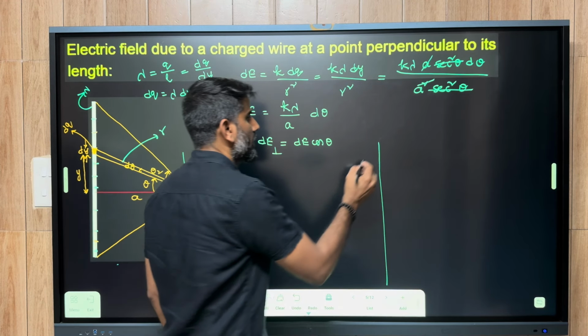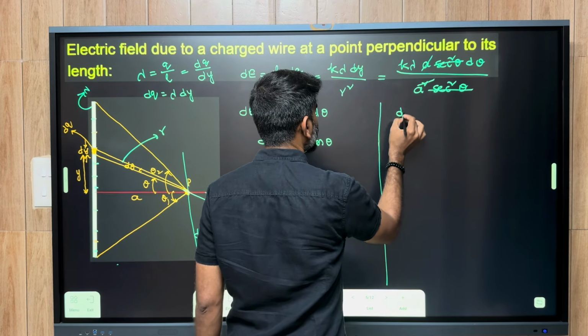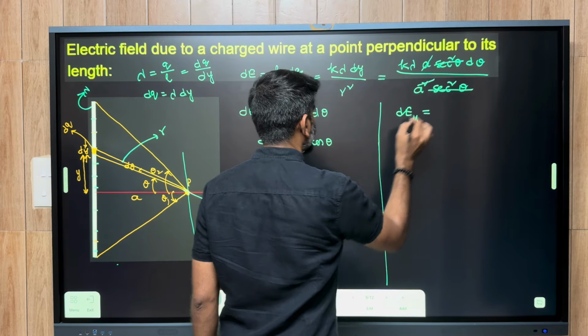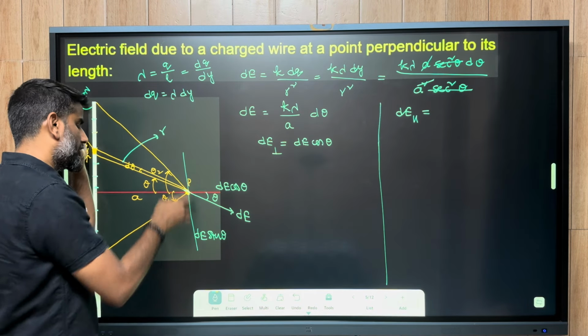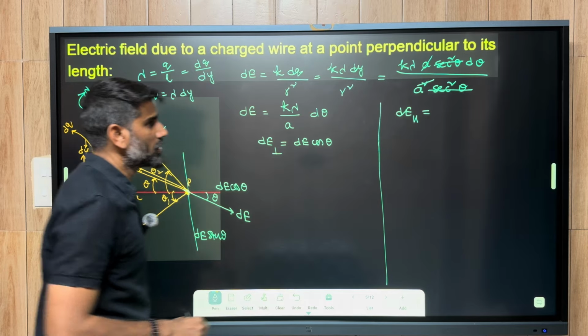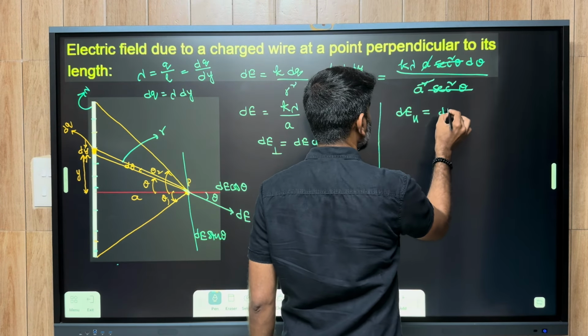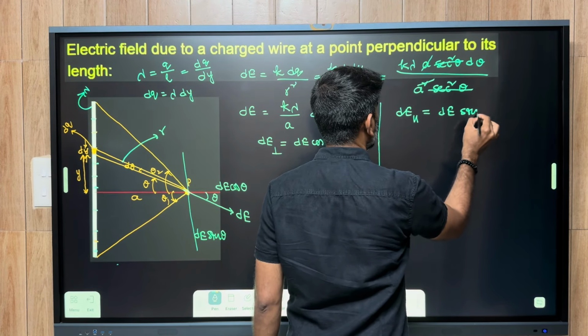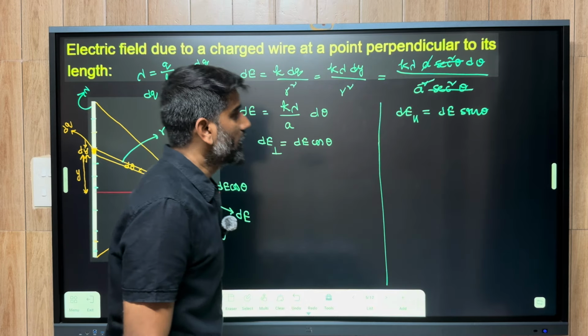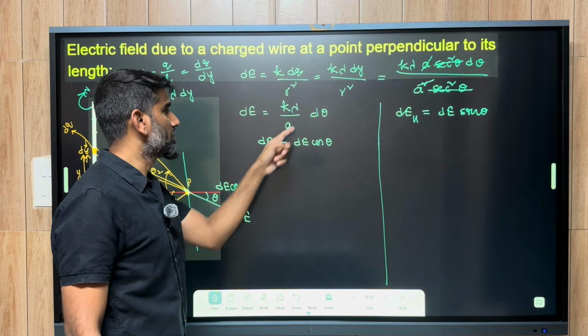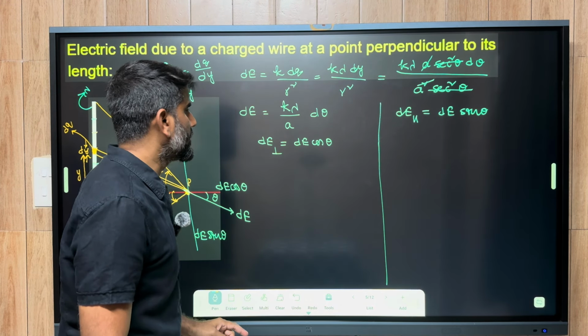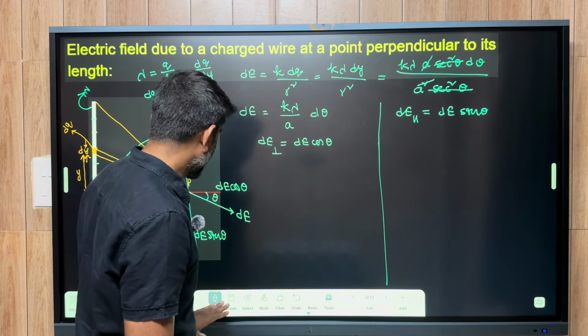And I have dE parallel, because it is parallel to the length of the rod. So dE parallel is nothing but dE sin theta, and I already know the expression for dE.